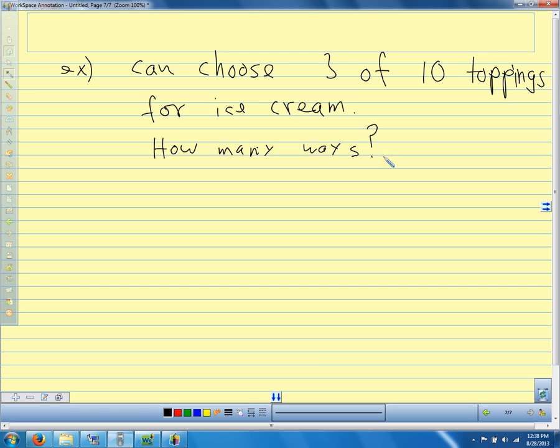How many ways can we pick our sprinkles? If I pick M&Ms and crumbled up Heath bars and rainbow sprinkles, it's the same on top of my ice cream as rainbow sprinkles and then crumbled up Heath bars and M&Ms. So the order does not matter. Order doesn't matter, so we're going to use combination.